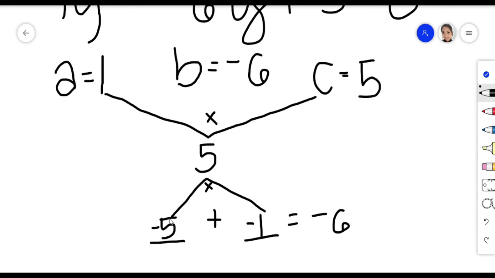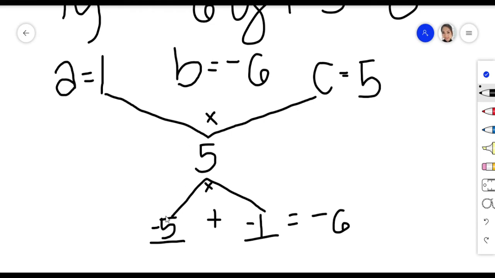Because negative 5 times negative 1 is positive 5. But negative 5 plus negative 1 is equivalent to negative 6. Since adding like signs, we add the numbers and then copy their common sign. But if we multiply like signed numbers, it will always be positive.